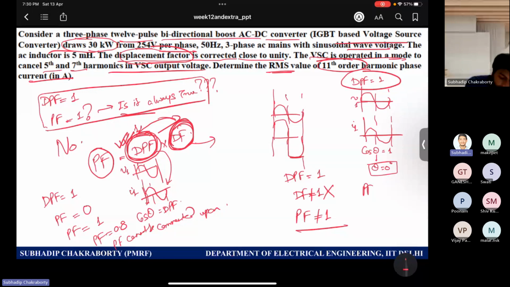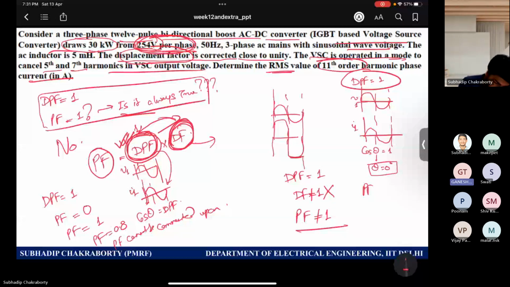Anyone tell me what is this voltage? 254 volt per phase. Read the question carefully, okay? First, read the question carefully. So 254 volt per phase, what voltage is this? Please be careful, read the question and just be interactive.